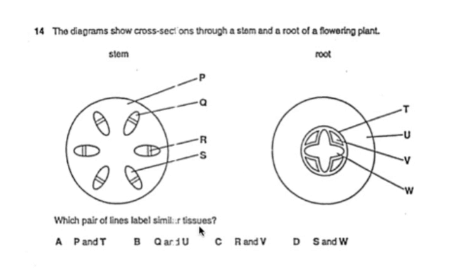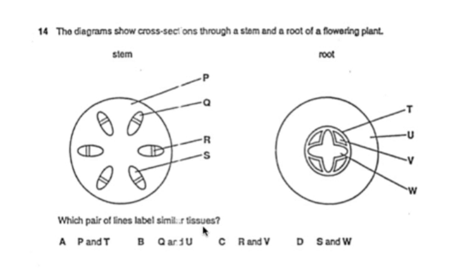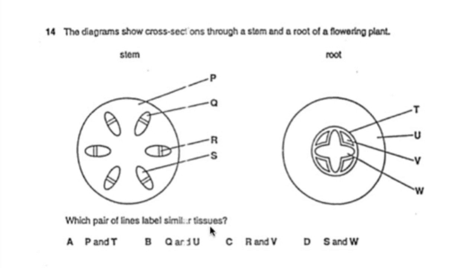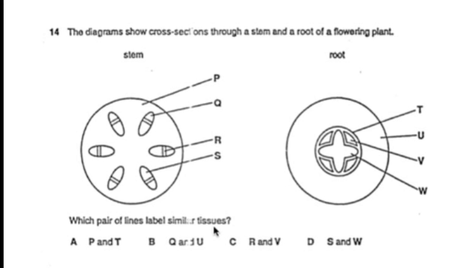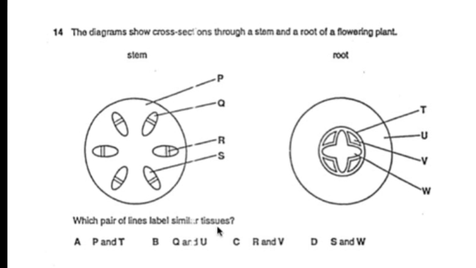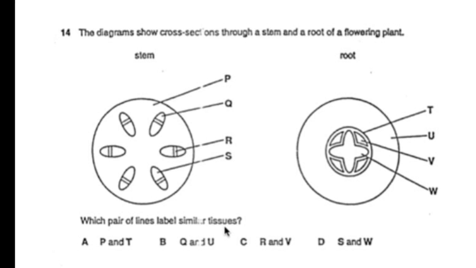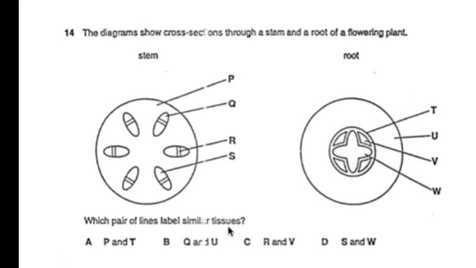Number 14. The diagrams show cross-sections through a stem and a root of a flowering plant. Which pair of lines label similar tissues? First of all, xylem is always facing the inside, and phloem is always facing the outside.